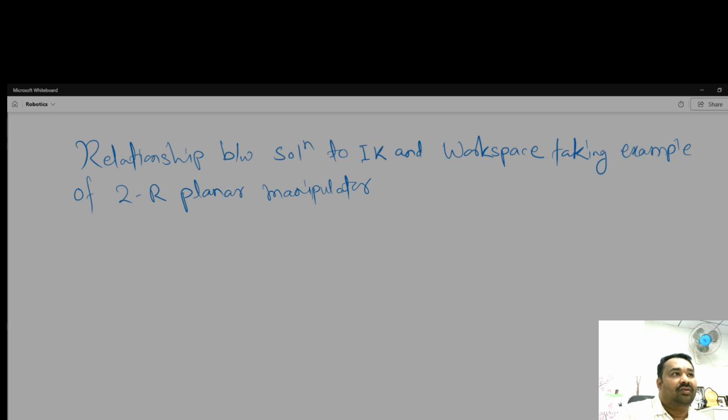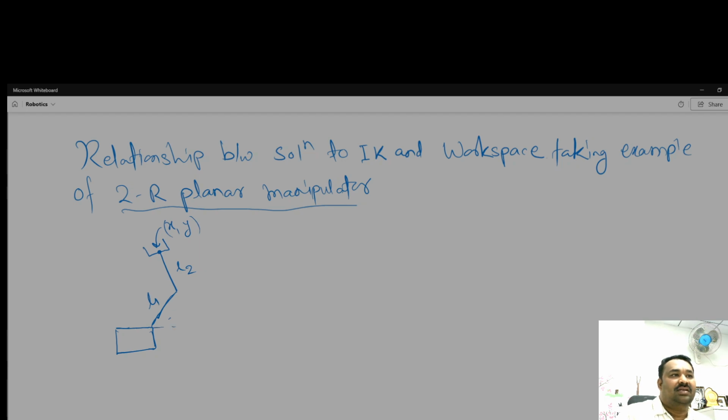So what is this? Suppose this is the second link, and this is the first link, and that is the base of this robot, and here is the end effector, and this point is X and Y. This is L2 and this is L1.